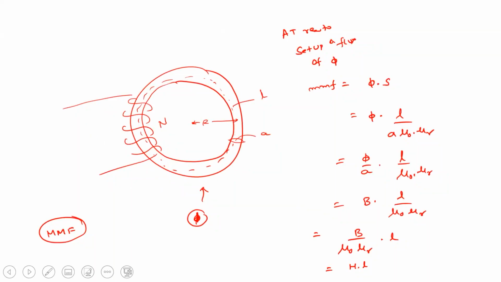Say for example, the previous slide, one second. Sir, you have taken L as the mean circumference.